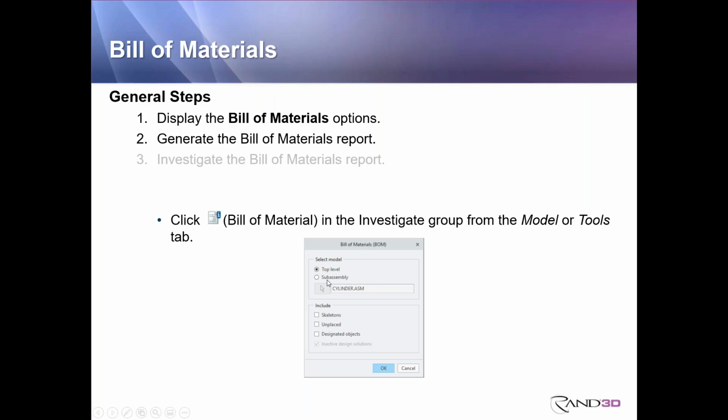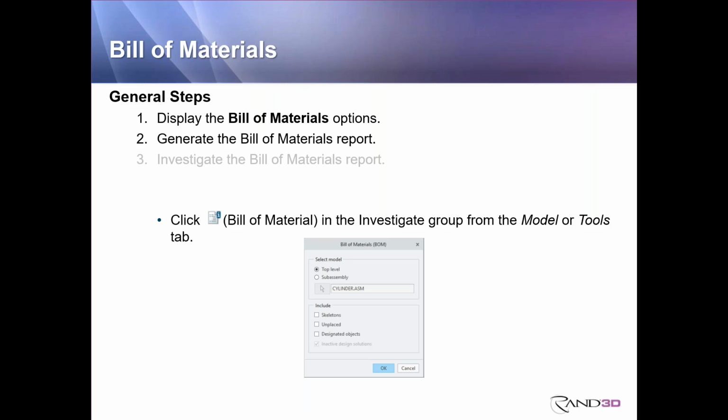And of course, if you do select subassembly as an alternative select model option, then you can specify by selection, either in the main window or from the model tree, the name of that assembly that you'd like to get the BOM report of.